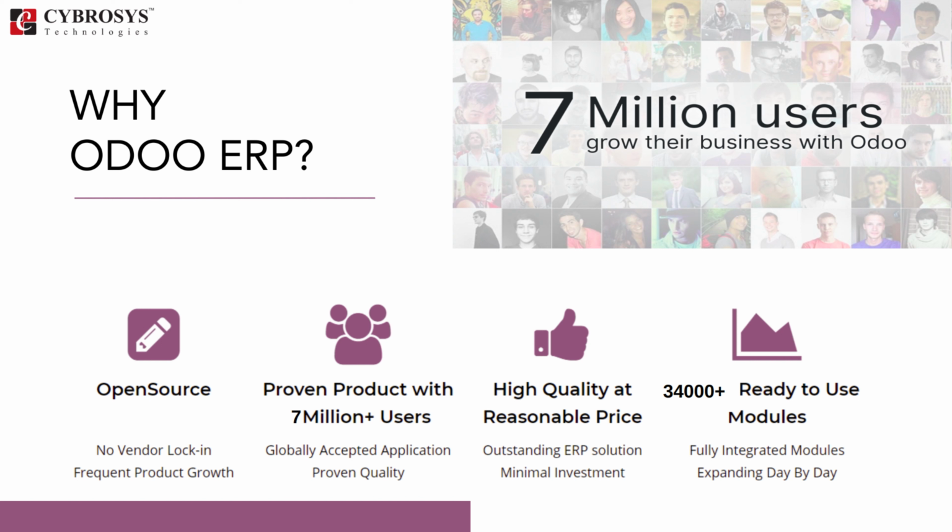The term open source means that the source code is freely available and allows businesses to customize and tailor the software to meet their specific needs. Odoo includes a lot of modules for various operations such as sales management, customer relationship management, inventory management, accounting, project management, manufacturing, human resources, and many more.